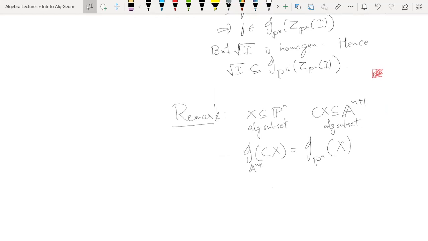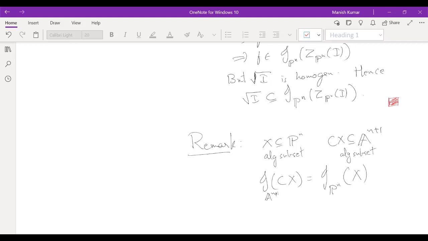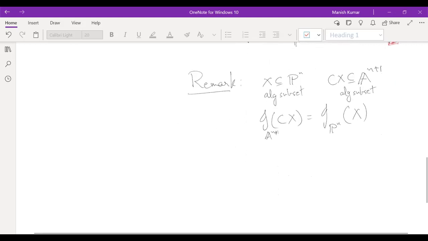So I hope this is clear. And also note that if you take any cone in E^(n+1), by cone I mean that if a point in E^(n+1) is there, then the whole line passing through that point and the origin is there.